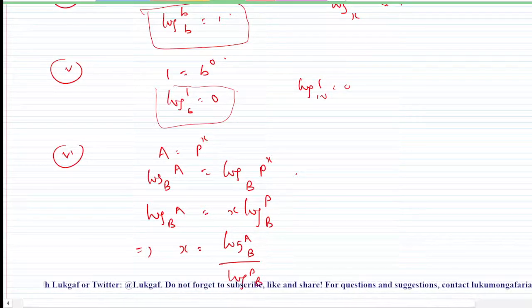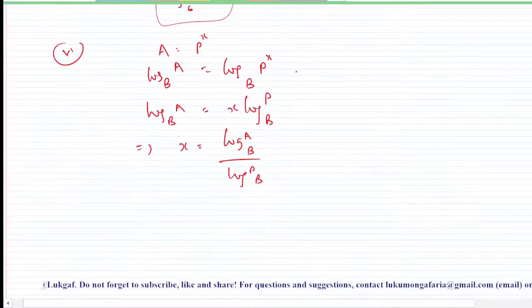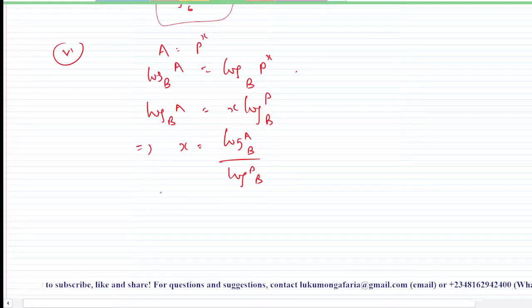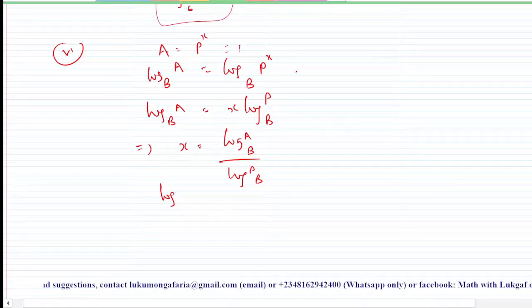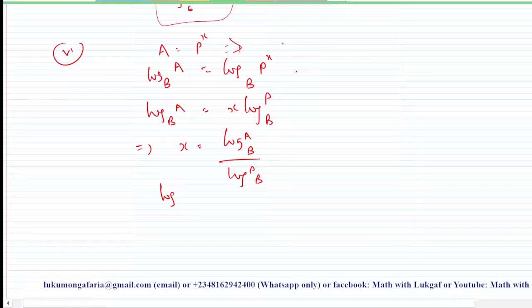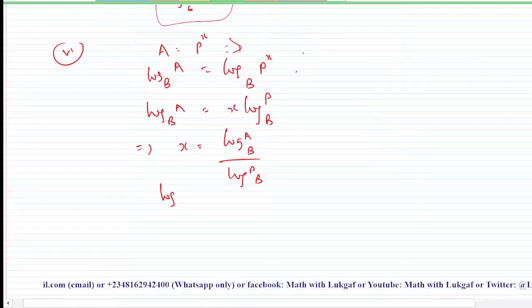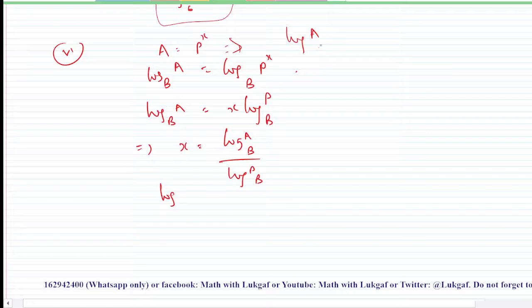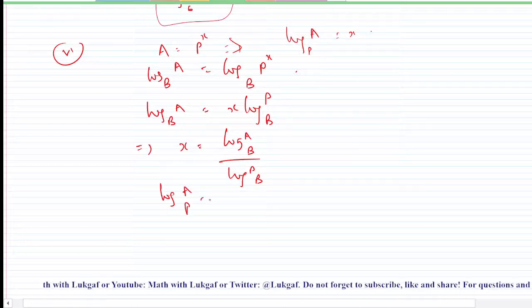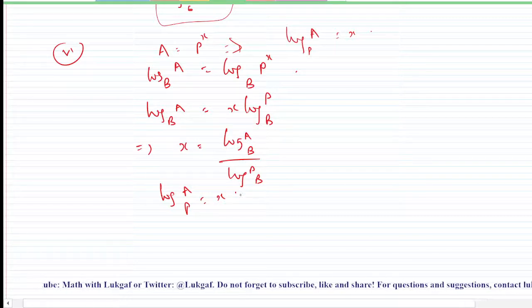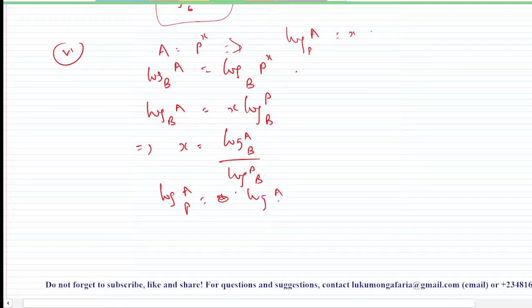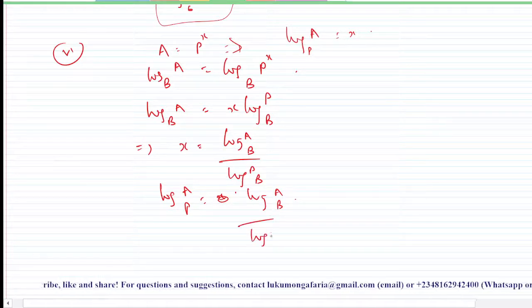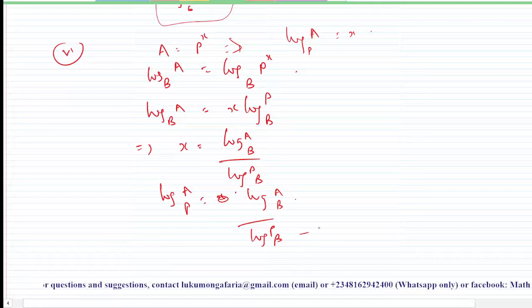And don't forget, what is your X? If my A is P raised to X, then I can say that log A base P is equal to X. So that is when you want to change the base. If this is equal to X, then this is going to give me log A base B divided by log P base B. What is this law saying?